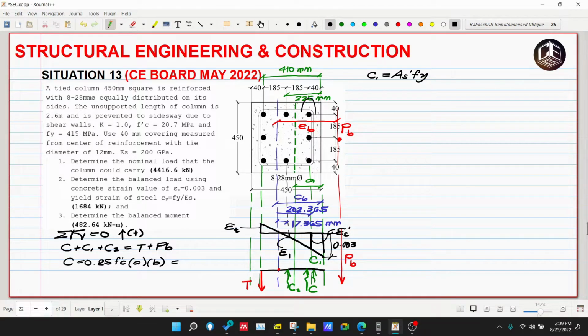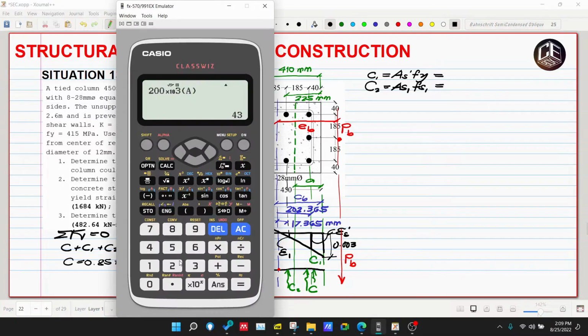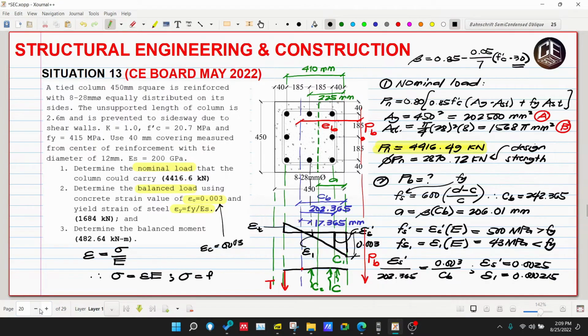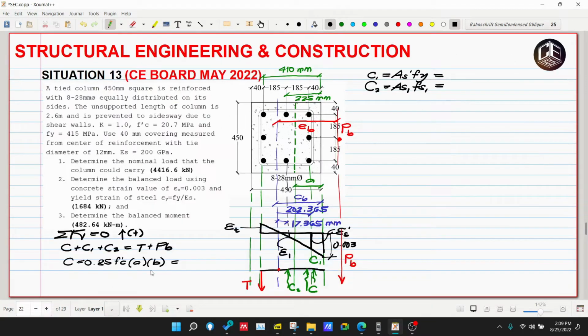Remember, yung kanyang tensile strength ay nag-yield, diba? Nag-exceed siya sa Fy, kaya ang gagamitin natin dito ay Fy. Then yung C2, this is equivalent to AS1 multiplied by FS1. Okay. So 0.85 multiplied by F prime C multiplied by A, which is equivalent to A, 206.01.